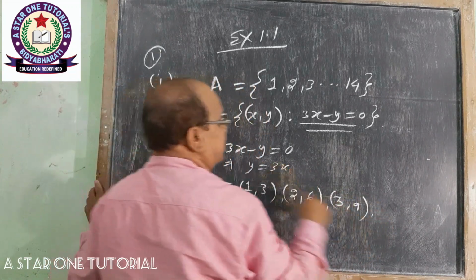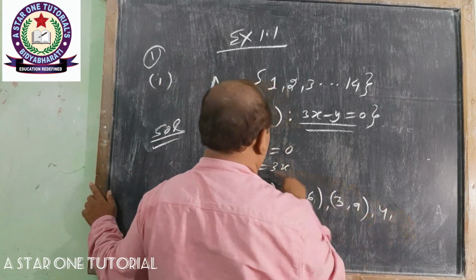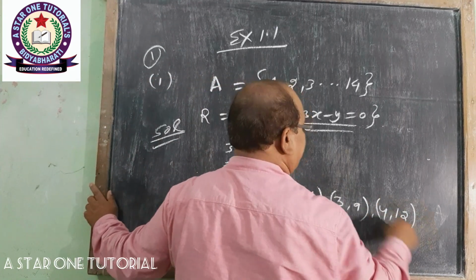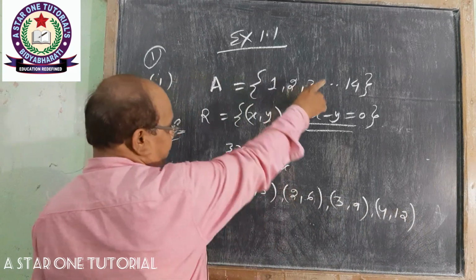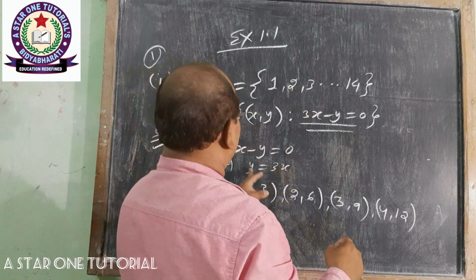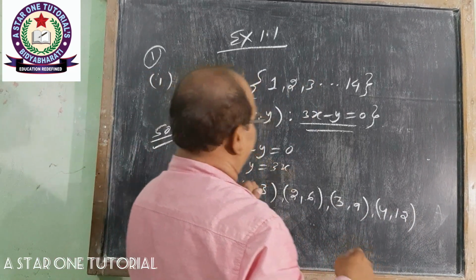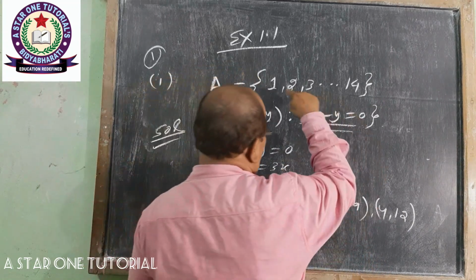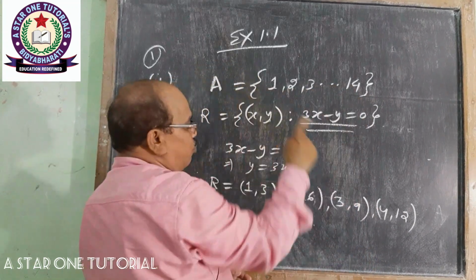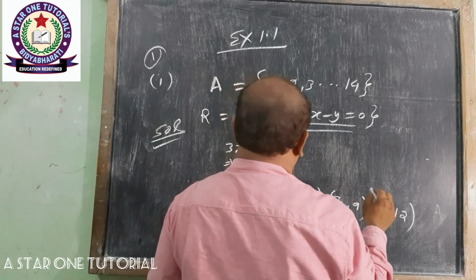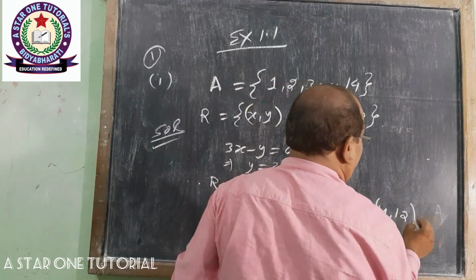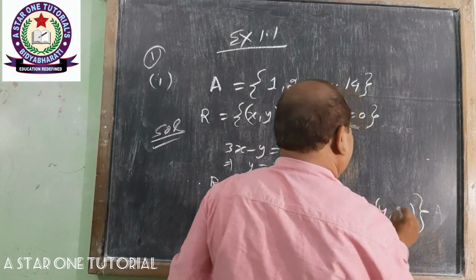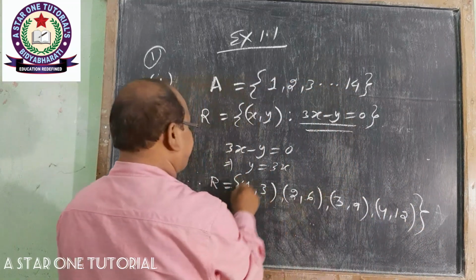If x is 4, then it would be (4, 12). But if you take x as 5, then y would be 5 into 3, 15. But you see that 15 is not in the set A. So we cannot take (5, 15). Therefore, this is our last element, (4, 12).